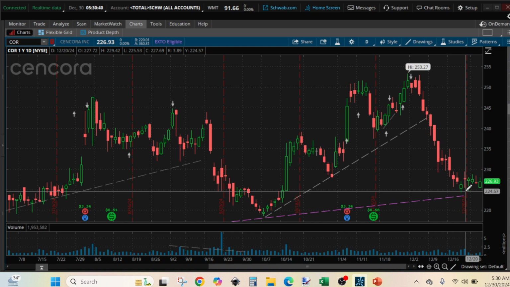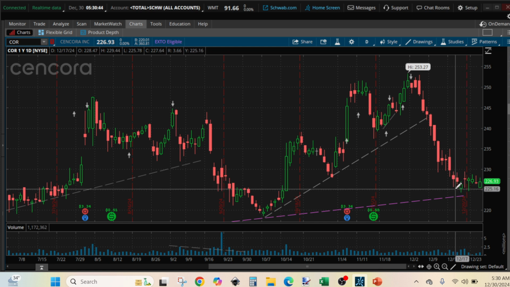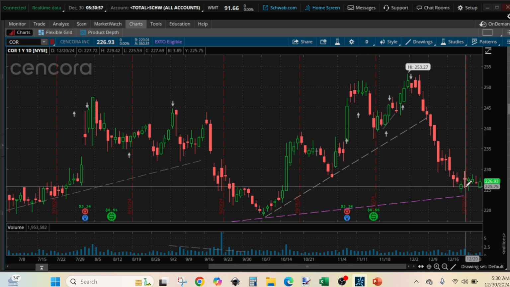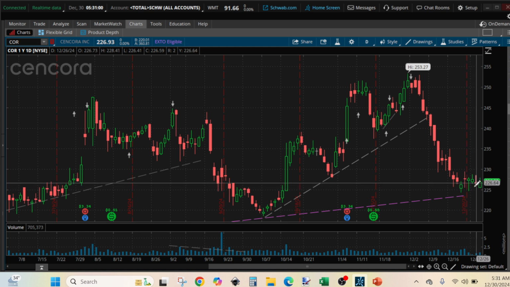Do you see here, when I put my mouse here, for instance, the horizontal line that I'm creating here? It's touching this low here. It's touching this one. This one is higher.